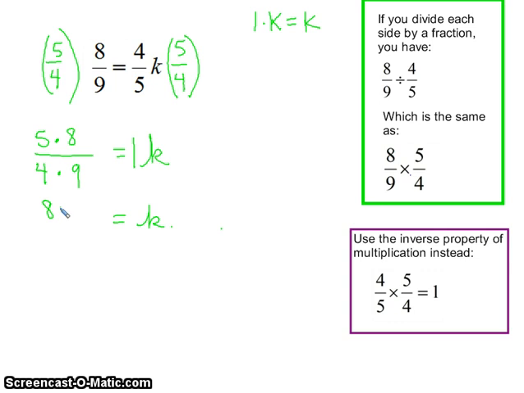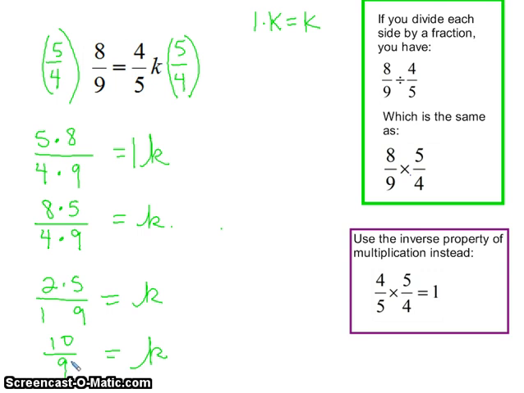So we could have 8 times 5 divided by 4 times 9. So what's 8 divided by 4? Well, that gives us 2/1 times 5/9. So k is equal to 10/9.